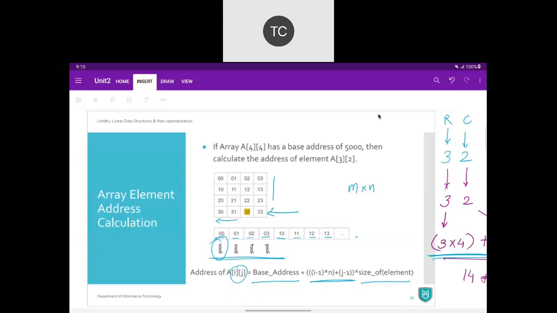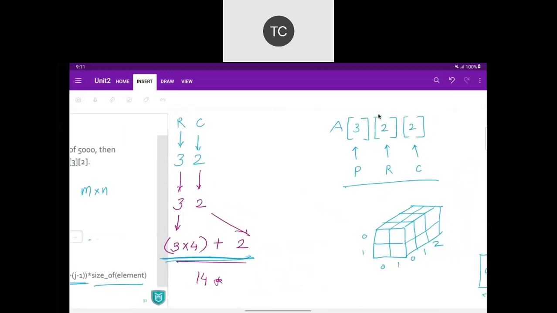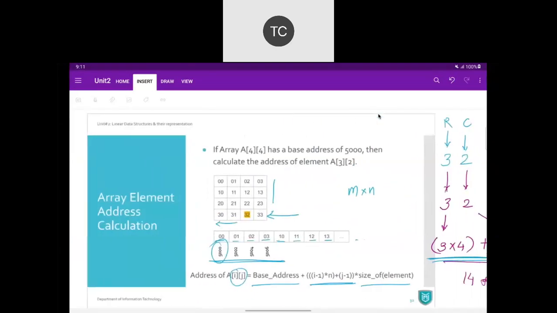Now the same logic we apply in 2D array, but calculating how many elements have been passed already is the trickier part, and that's where we discussed multiple things in the previous session. So this is the equation we found, right?